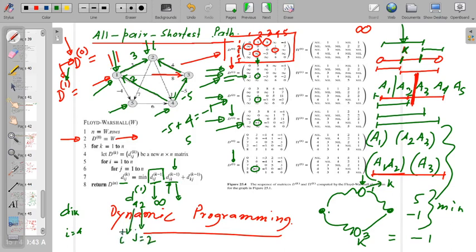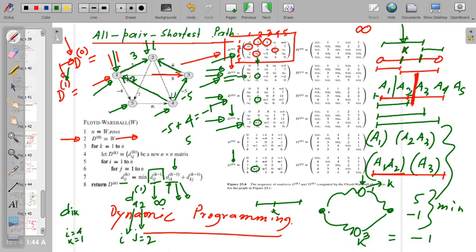And then I am dividing the problem into two parts by considering one intermediate vertex, k. So I is 4 and k is 1, right? So 4 to 1, what is the cost? Can you tell me? That I'll be getting from this table, and from this graph also I am getting 4 to 1.